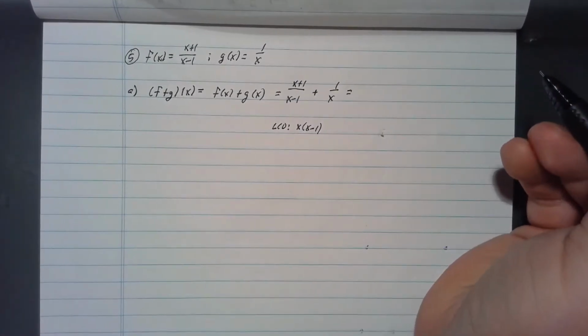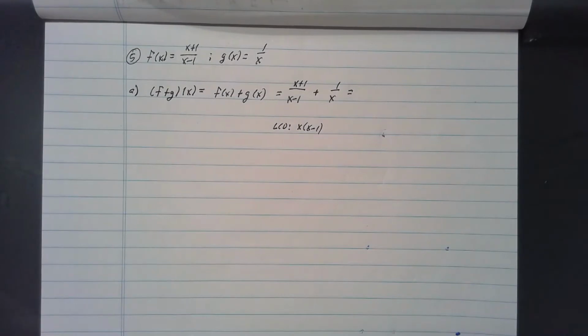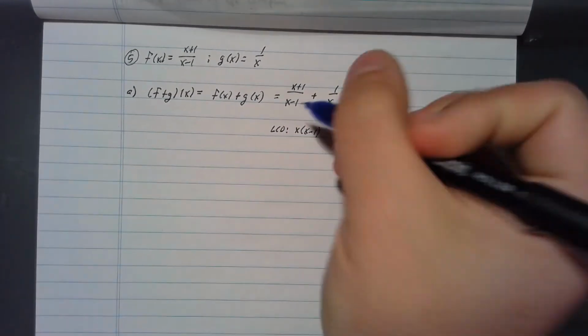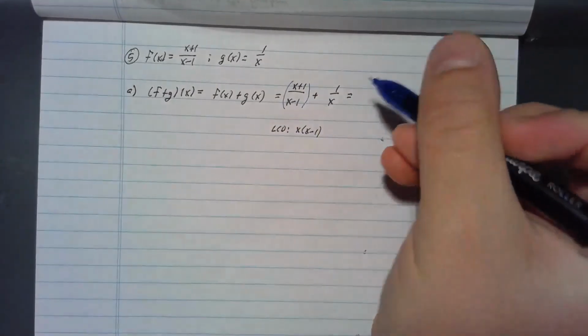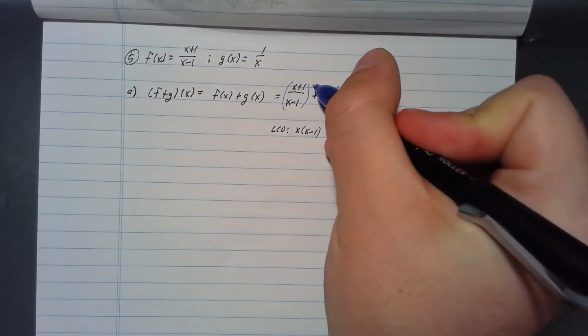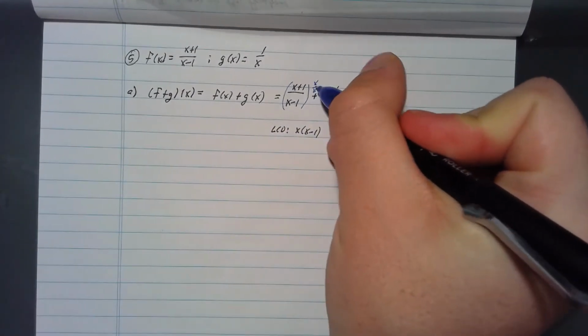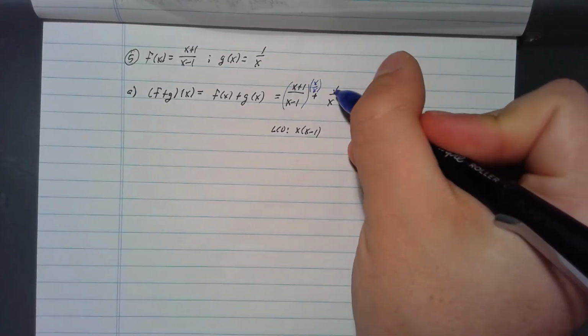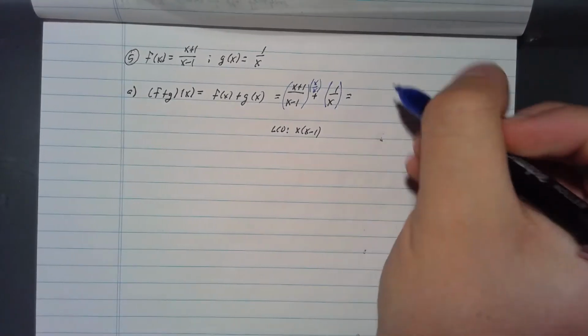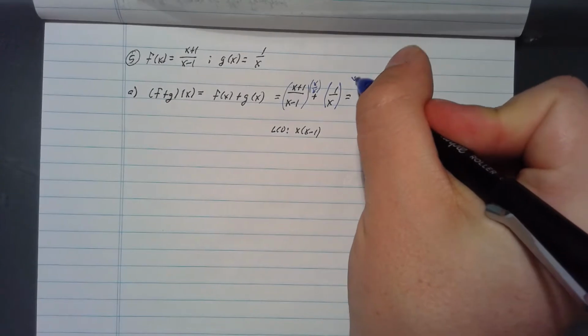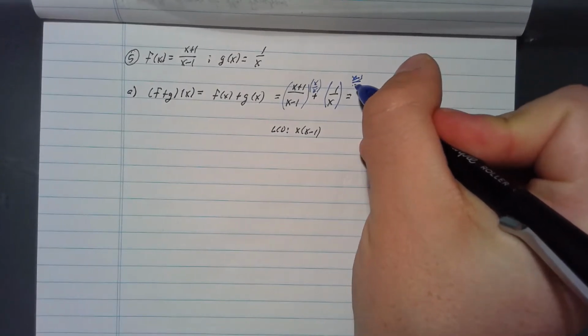So now you got to multiply each fraction by the missing factor of the LCD. So you multiply the first fraction by x over x. Then you multiply the second fraction by x minus 1 over x minus 1.